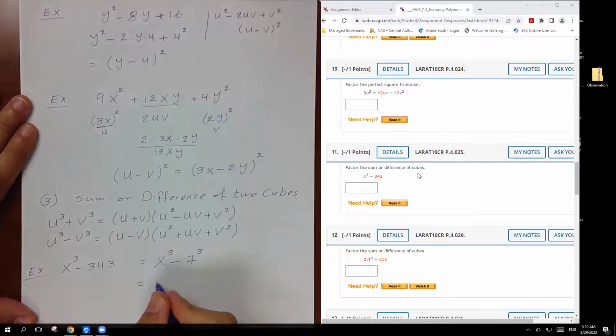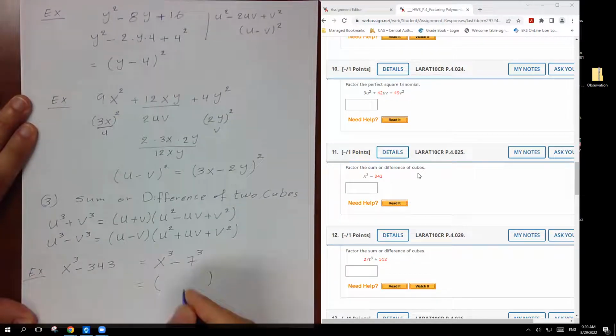So what I'm going to do, here is the minus. I'm going to take the cubic root of the first term, which is x, and the cubic root of the second one, which is 7.